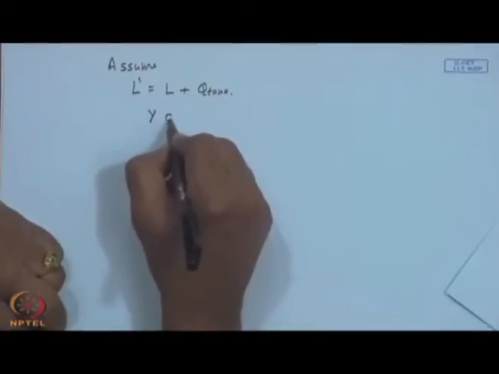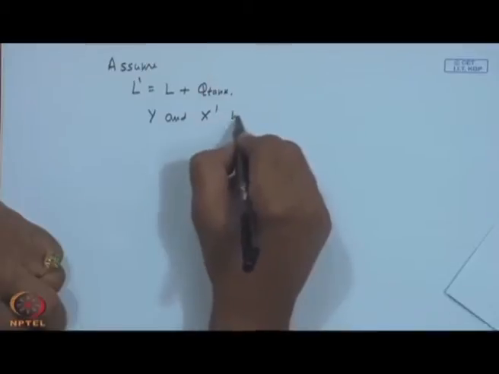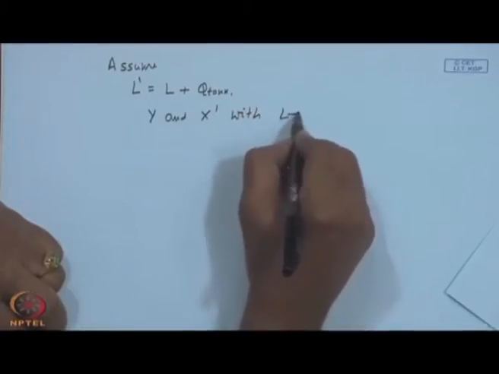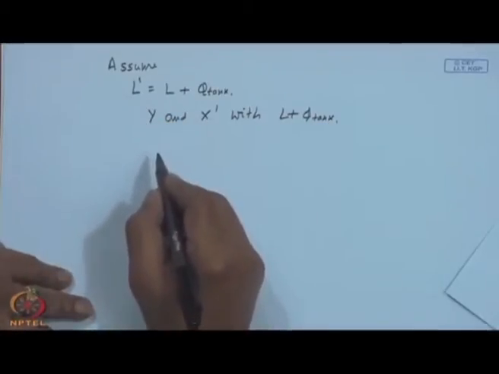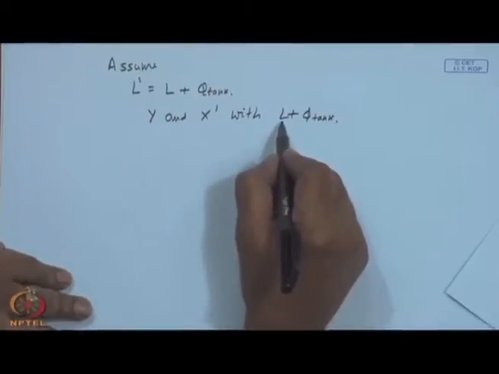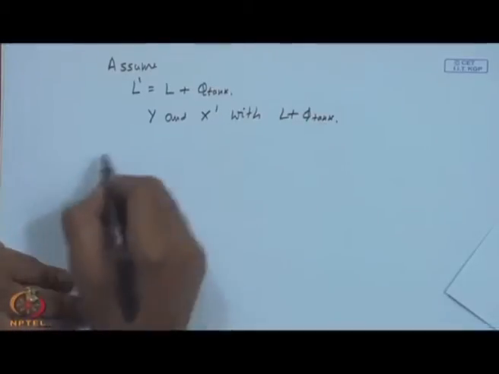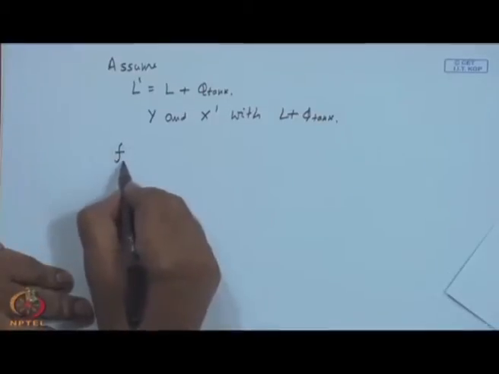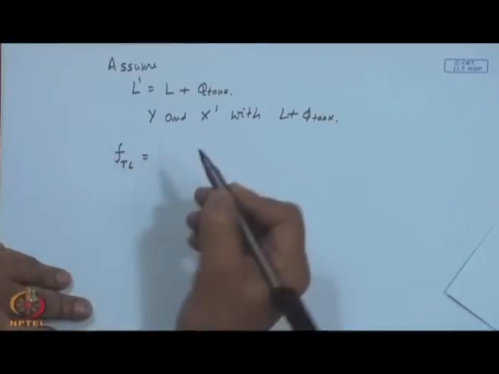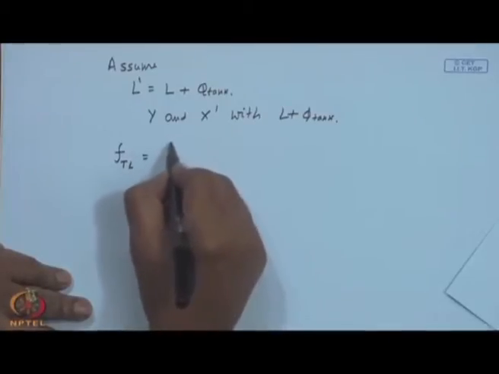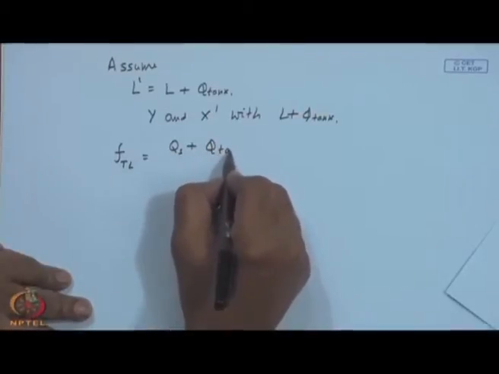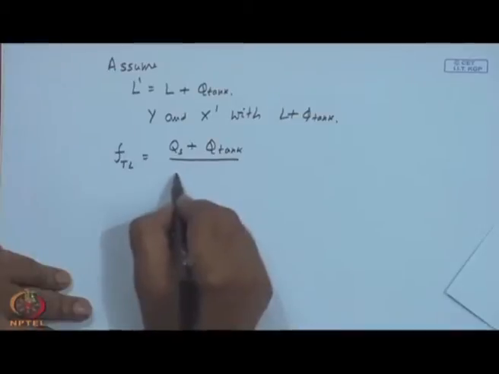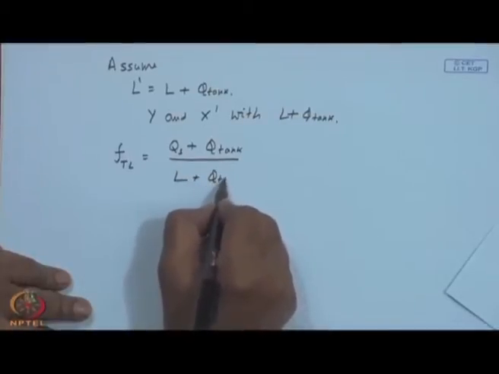So, if I calculate my y and x dashed with L plus Q tank, I do not want to complicate it unnecessarily calling L 1, L 2, L 3 etcetera. So, it is the actual load on the system plus the loss from the tank. I will get the solar load fraction, but I shall qualify it as F T L, that is inclusive of the tank losses. So, what I will get this number is Q s plus Q tank by L plus Q tank.